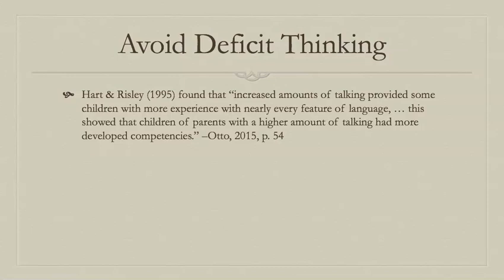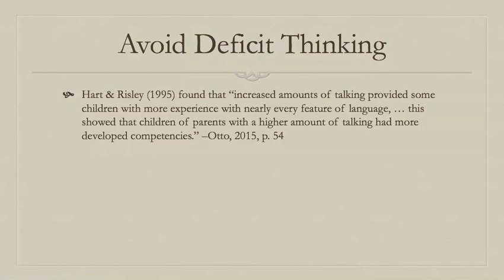So when we think about children that come into our classroom and they're not necessarily very verbal, they might be coming from a household where parents aren't that talkative, or they might be coming from a cultural background where in that culture, talking is not something that happens often. It's a more quiet or silent kind of interaction that occurs at home.